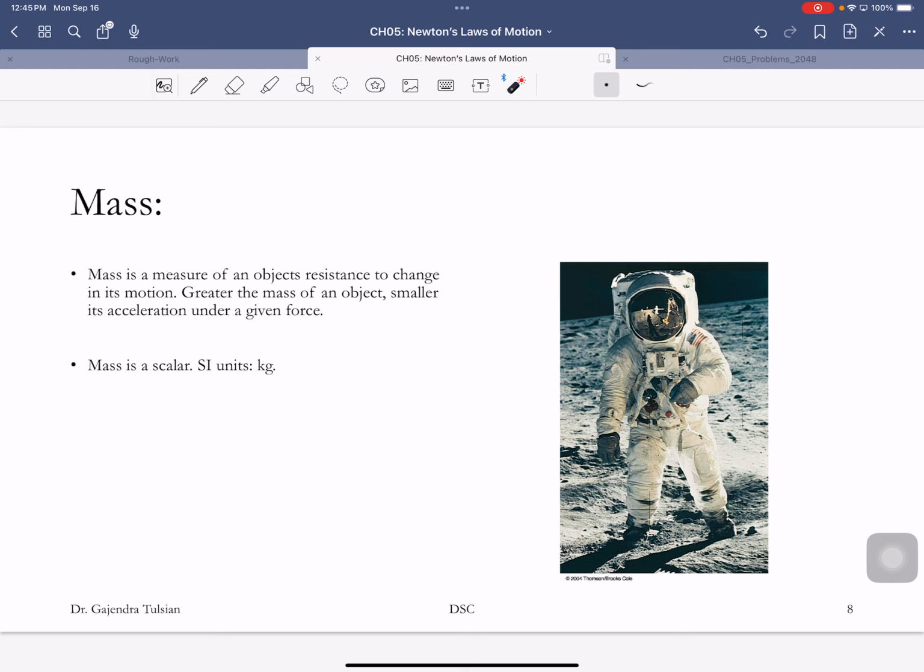Mass is just a measure of the amount of stuff in a body. The weight of a body is how strongly it is being attracted by the large body you're standing on. Mass is a scalar. The SI unit for mass is the kilogram.